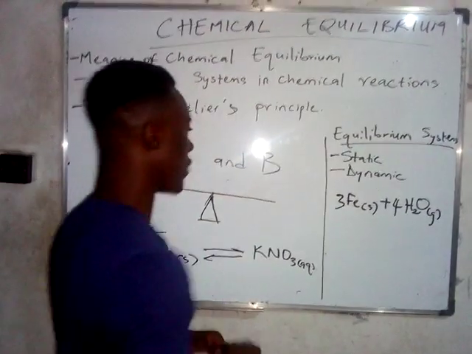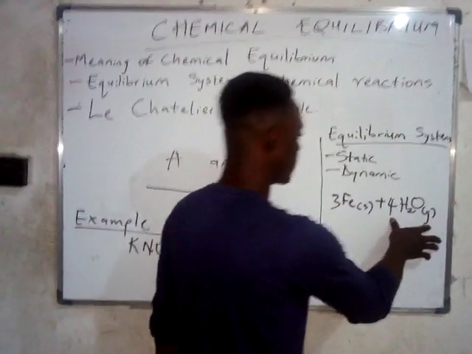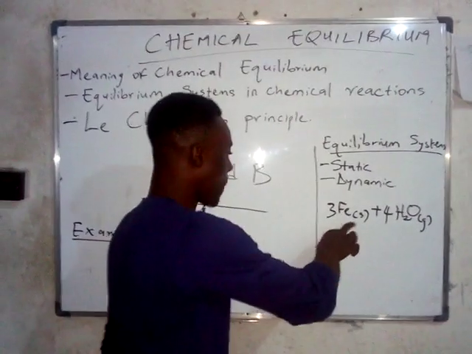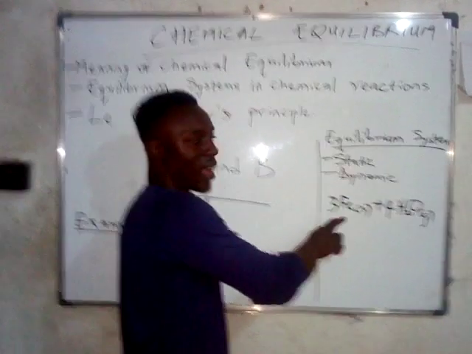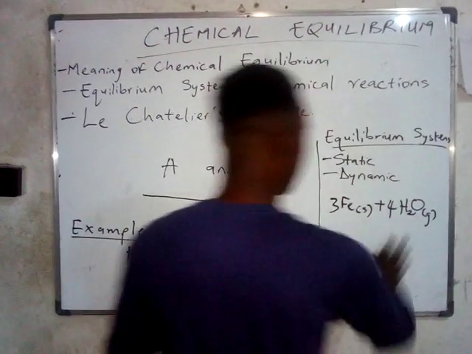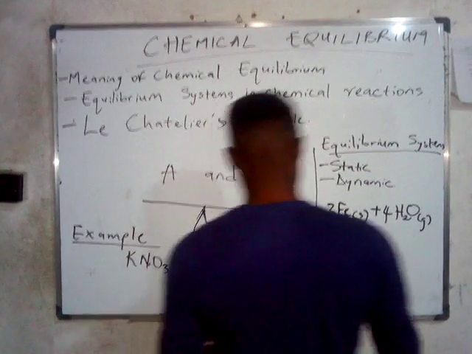Now here we have a reaction between iron and steam, which is water gas. Here you have 3 moles of iron reacting with 4 moles of water, steam, water vapor, gaseous water.